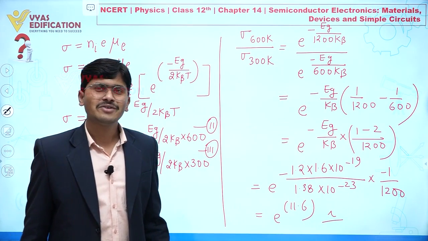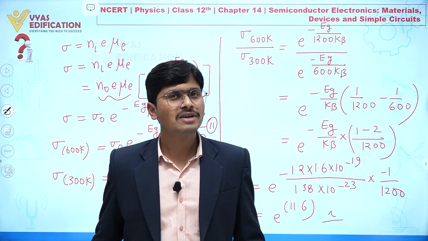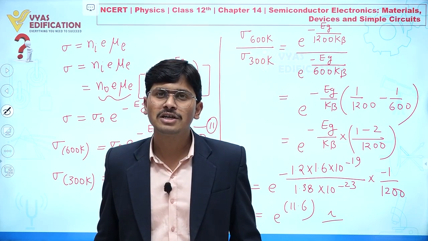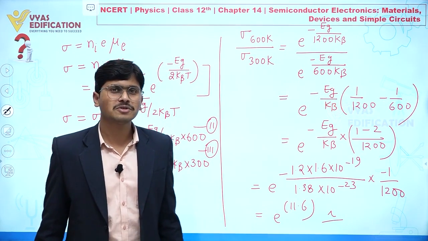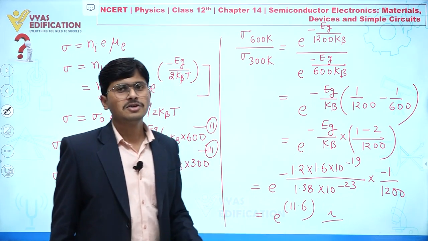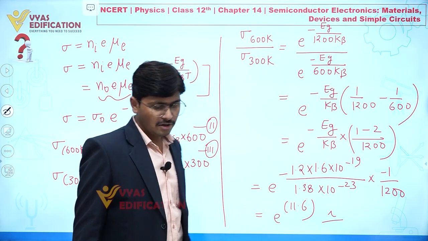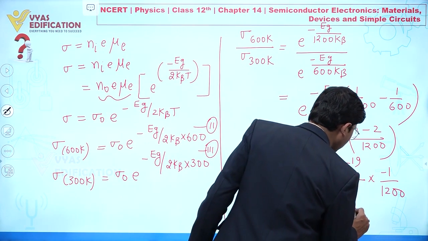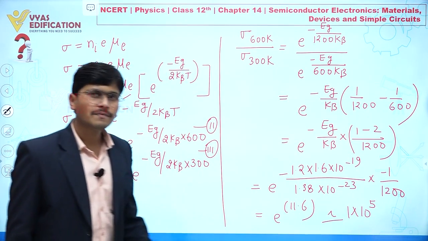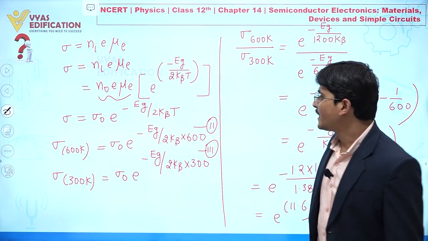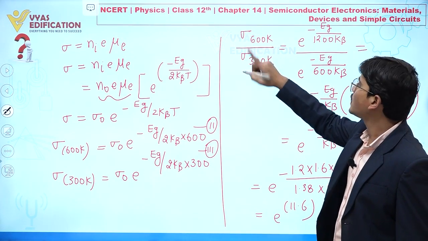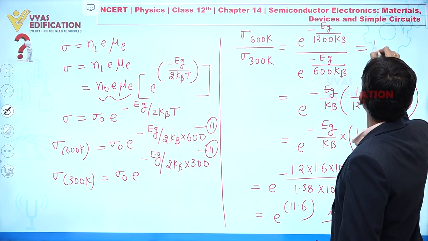Exponential power 11.6. Now you can ask, sir, how can we calculate this? Definitely you cannot calculate it without a calculator. You can take some approximation, but at the initial level it is very difficult to approximate an exponential. So I am telling you the answer directly, and the value is about 1 into 10 to the power 5. So we get the ratio of conductivity at 600 Kelvin to 300 Kelvin as near about 10 to the power 5.